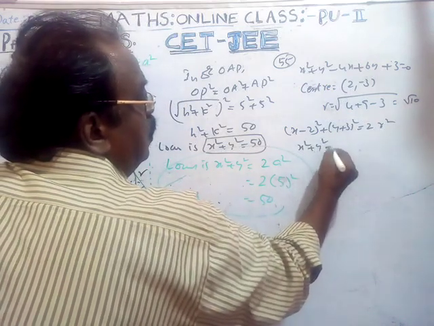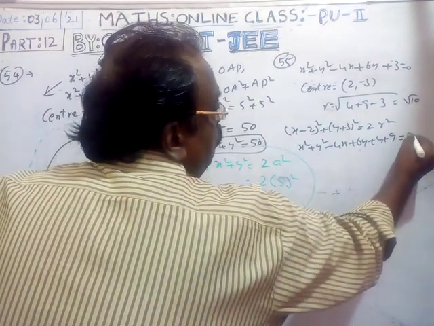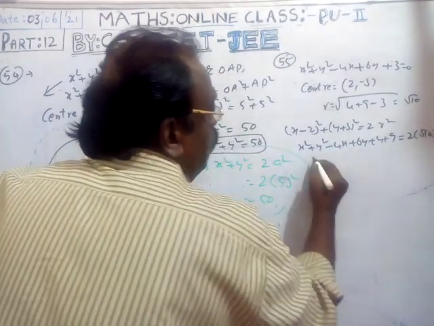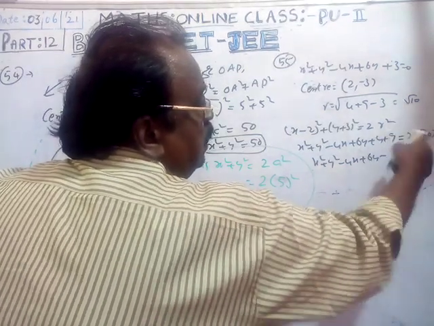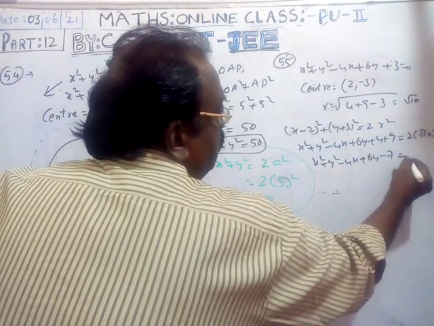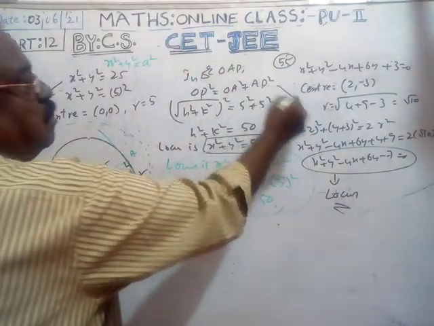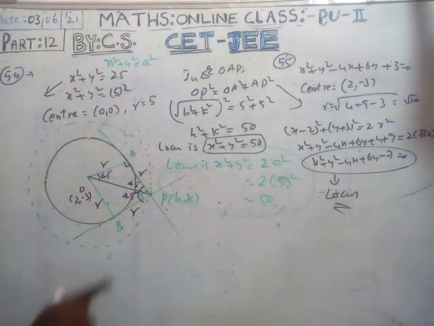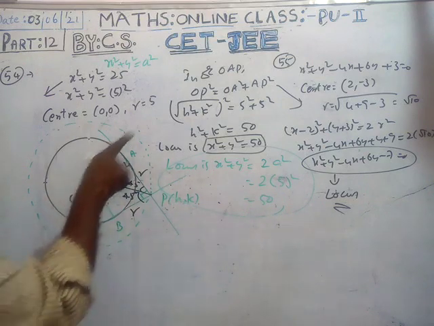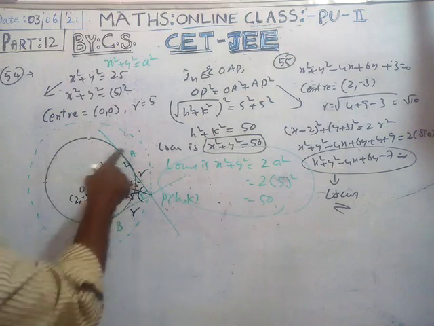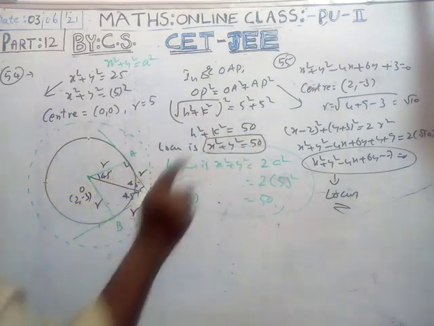It is x square plus y square minus 4x plus 6y plus 4 plus 9 is equal to 2 into root 10 square. So x square plus y square minus 4x plus 6y plus 13 minus 20, that is 13 minus 7, is equal to 0. This is the locus. The concept is the same: OP square means h minus 2 whole square plus k plus 3 whole square is equal to 2r square, because OA is r square and AP is also r square. Don't confuse that.